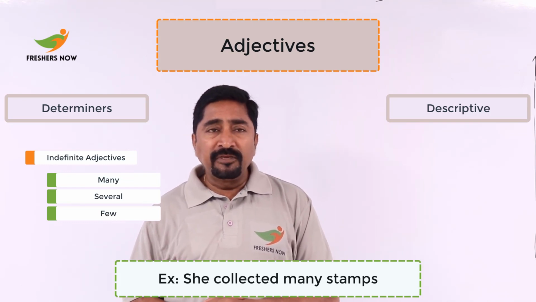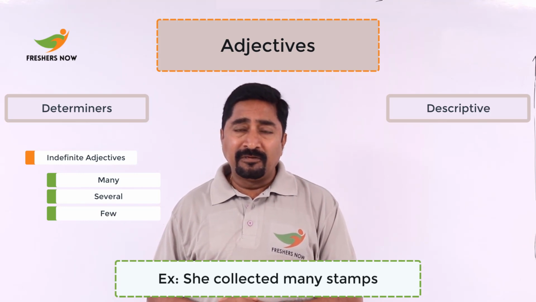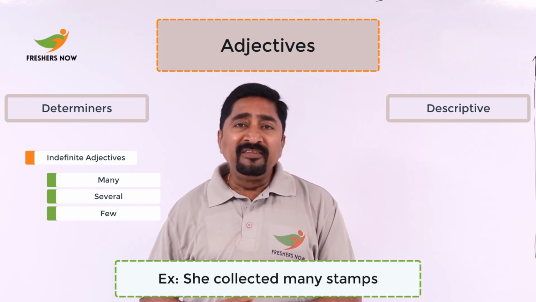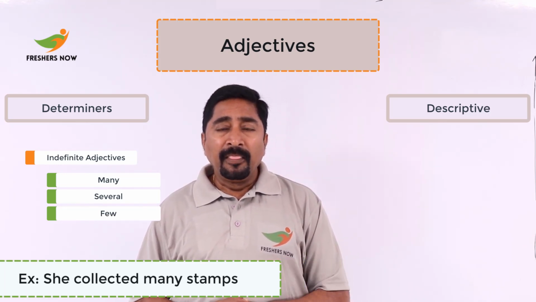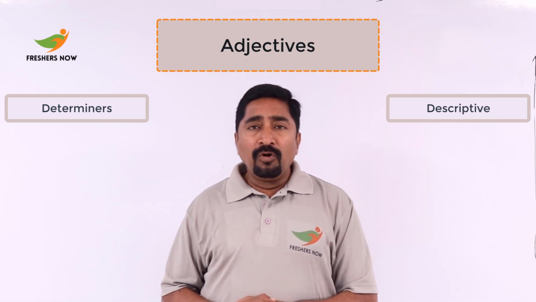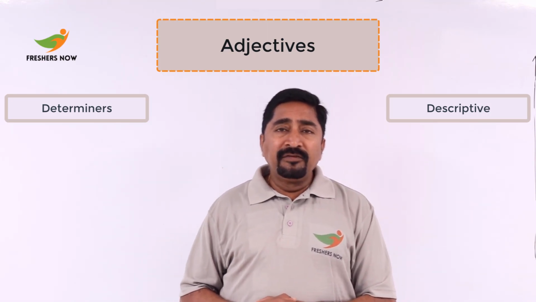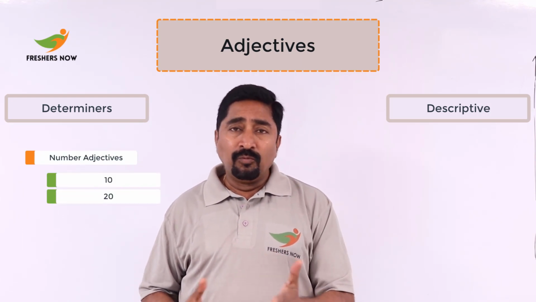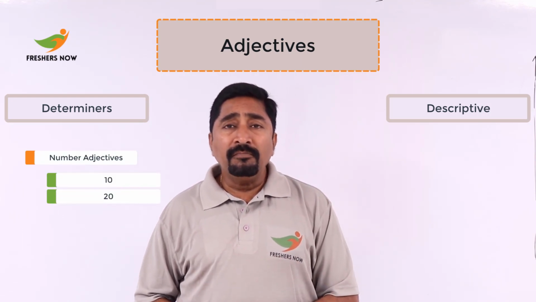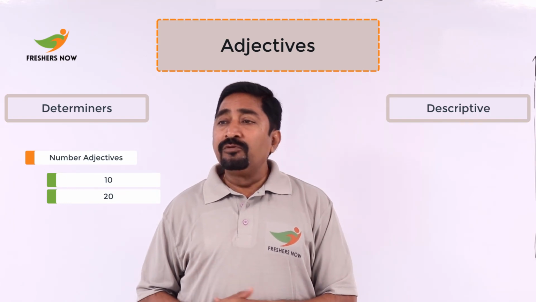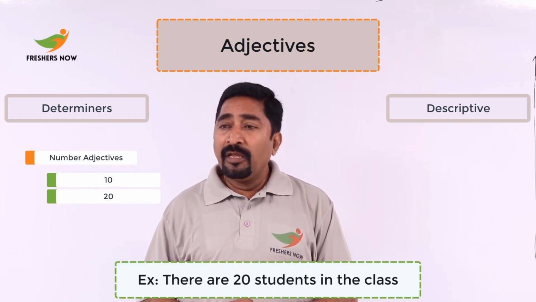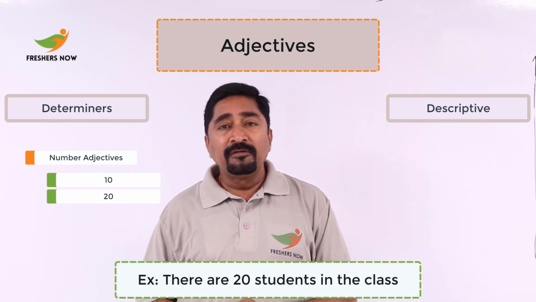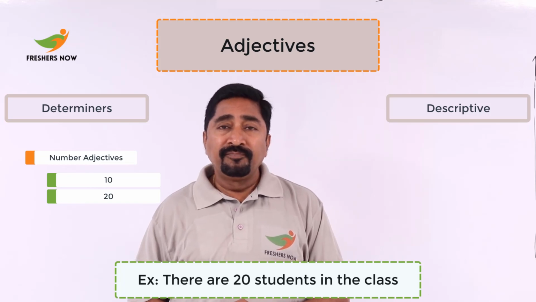That is an indefinite adjective, which is not specific. The other one is the number adjective, say 10, 20, whatever. 20 students in the class. Here, 20 is a number adjective.